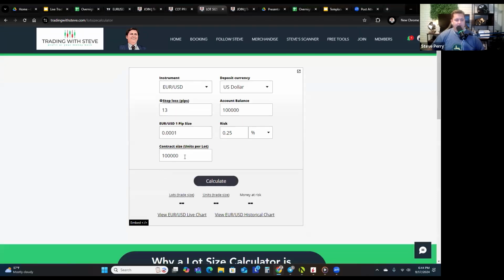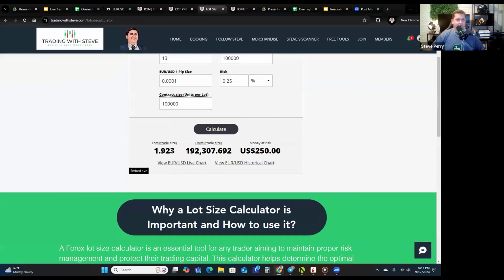You leave the contract size default as well, and then you click calculate. This will tell you how big your contract is going to be. If you use lots, it's going to be 1.92 lots. If you use units, you could just type in 192,000 units and that would probably be fine.